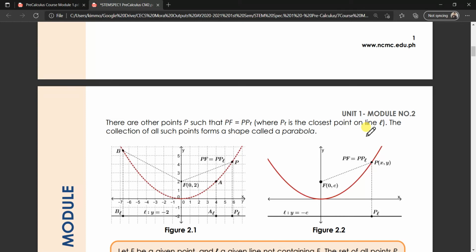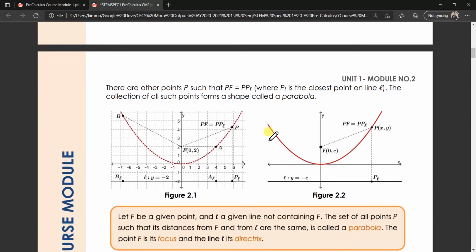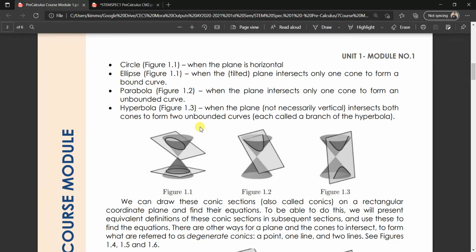So the collection of all such points forms a shape which is called the parabola. If you take example points here and collect them, it forms a parabola shape, like this. So again, the parabola in module 1 is when the plane intersects only one cone to form an unbounded curve.